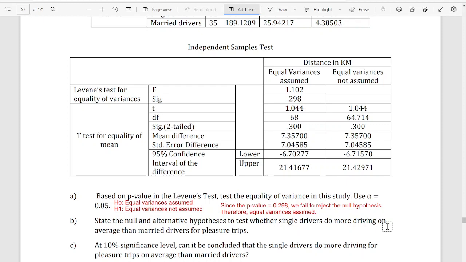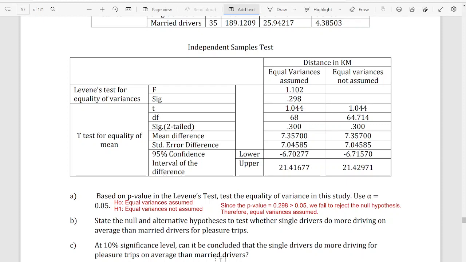So since the p-value is 0.298, which is greater than 0.05, the significant value, okay, so in this case, based on the p-value, you can see that the p-value is greater than the significant value alpha. And in this case, we fail to reject the null hypothesis.